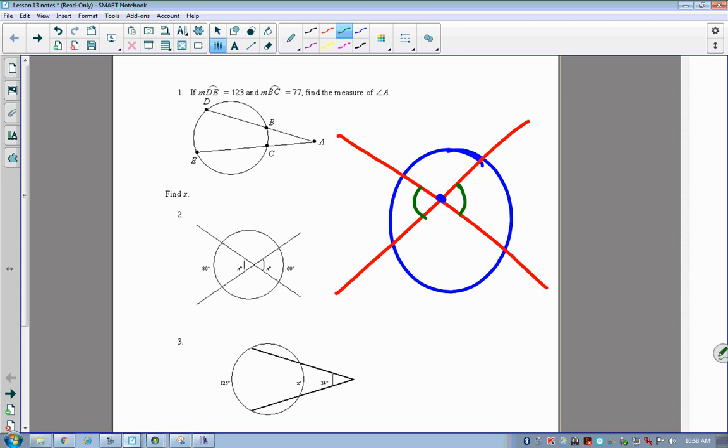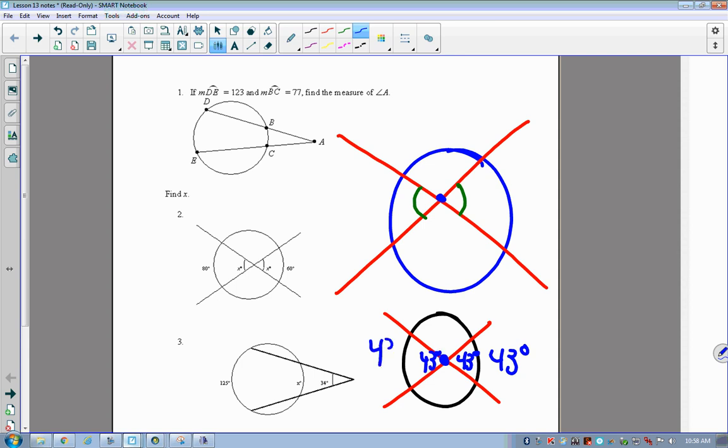Now, let's say we've got a circle and that point is in the center. Let's say that's a central angle being formed there, and this is 43 degrees. Then I know this is 43 degrees, and this is 43 degrees, and this is 43 degrees, if that's in the middle. That makes sense?